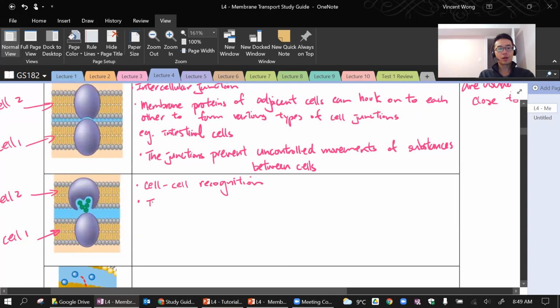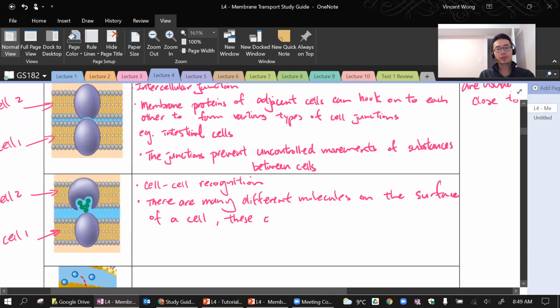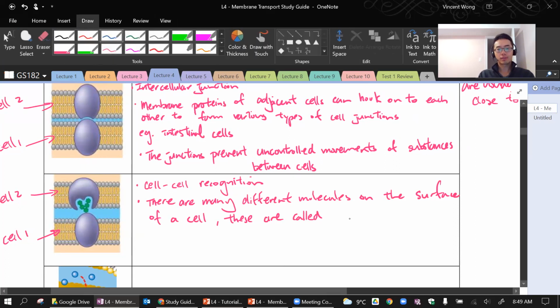So there are many different molecules on the surface of a cell. These are called antigens.